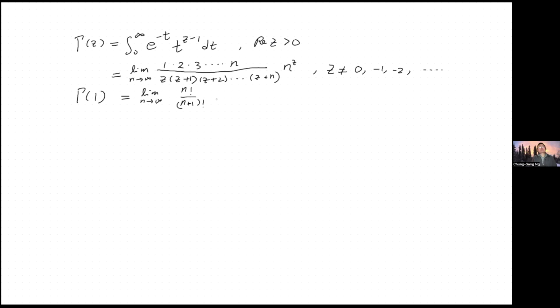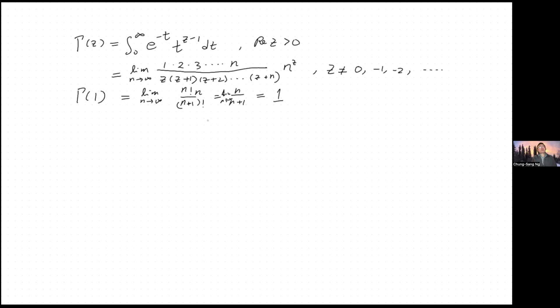Then you add an extra n here. Altogether, n plus 1 factorial is just n factorial times n plus 1, so we get n over n plus 1. In the limit of n going to infinity, it goes to 1. So the special value is like that, which is straightforward.